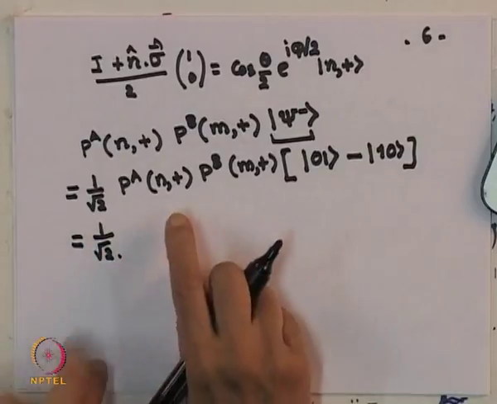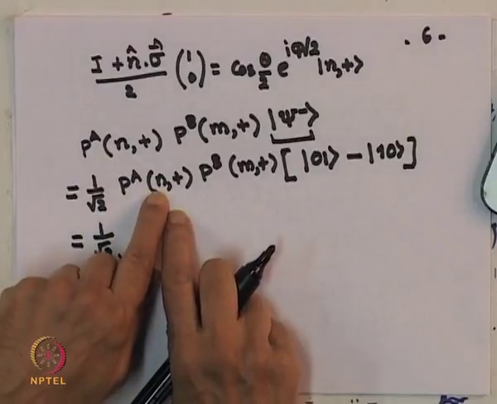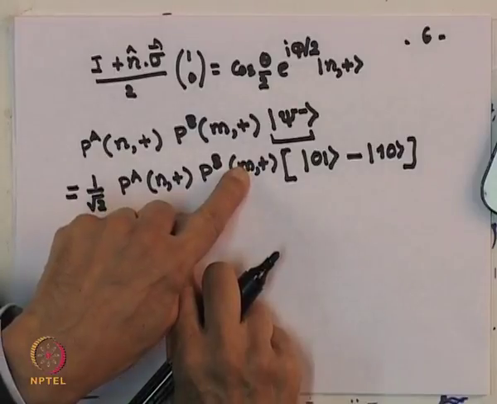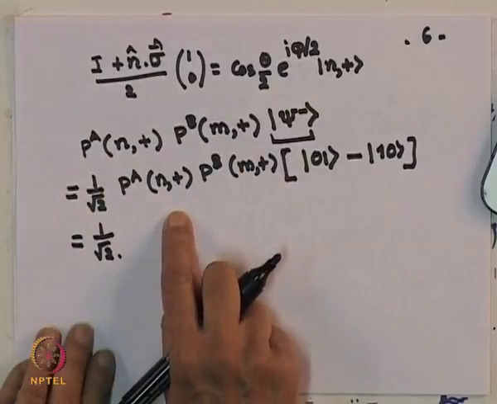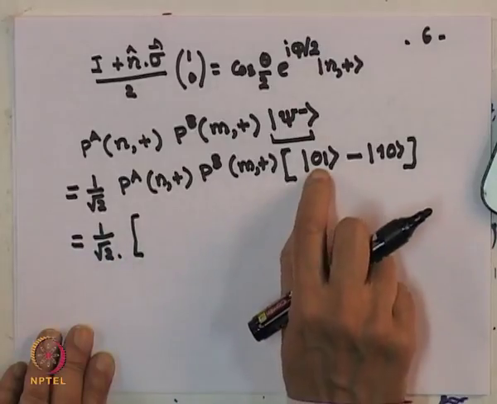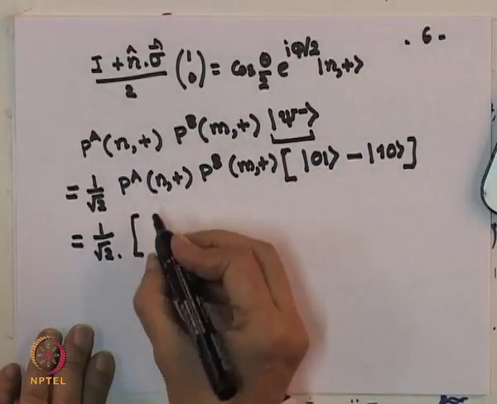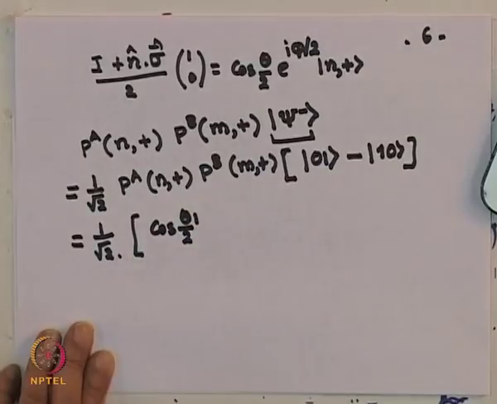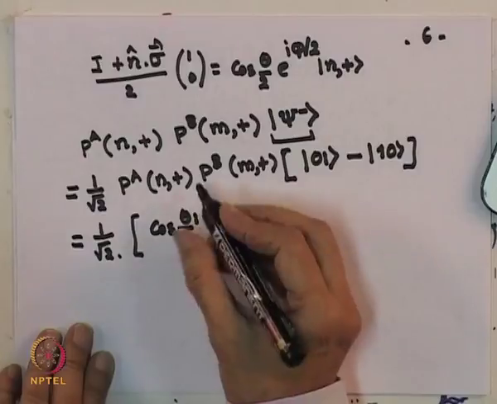Now let us suppose the direction n makes an angle theta 1 with the z axis, and the direction m makes an angle theta 2 with the z axis. In that case, I get the following. Since this is acting on 0, I get cosine theta 1 by 2. There is of course e to the power i phi by 2 there.